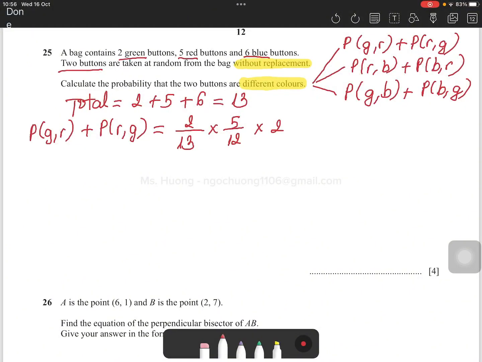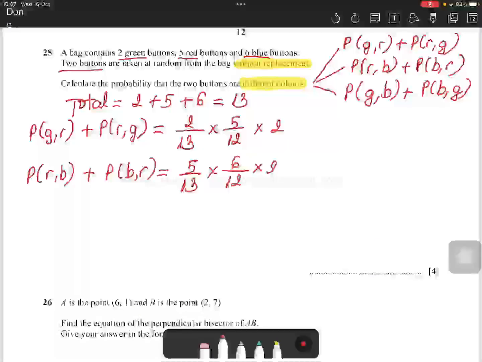And then let's talk about the probability of red, blue plus the probability of blue, red. The red is 5 over 13 multiplied by the blue is 6 over 12. Similarly, the probability of blue and red is the same, so we just double this.